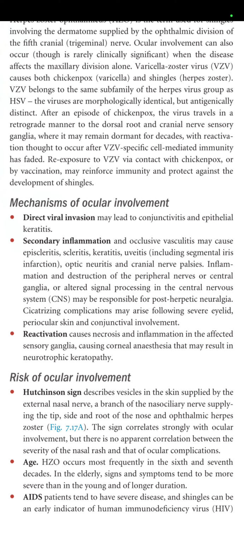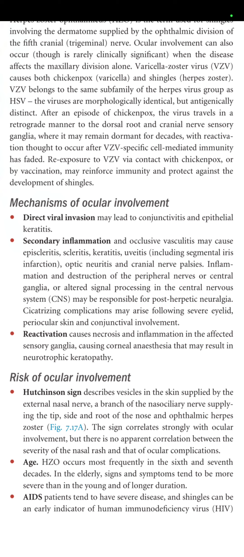Inflammation and destruction of the peripheral nerve or central ganglion or altered signal processing in the central nervous system may be responsible for post-herpetic neuralgia. Cicatrizing complications may arise following severe eyelid, periauricular skin and conjunctival involvement.